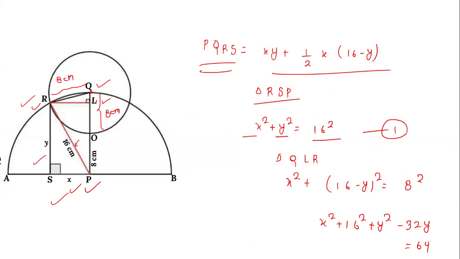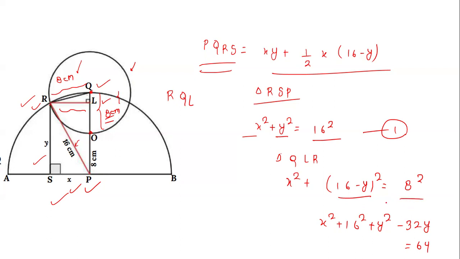Because this Q is the center of this circle, and this OQ is the radius of this circle, which is 8 centimeter, and QR distance is also equal to the radius, so it is also equal to 8 centimeter. So now you look at the triangle RQL, so you can write this x square plus this vertical distance, which is 16 minus y. So both of these squared is equal to this radius square, which is 8 square.